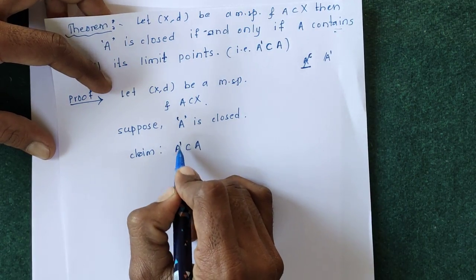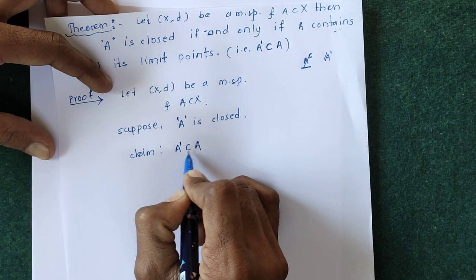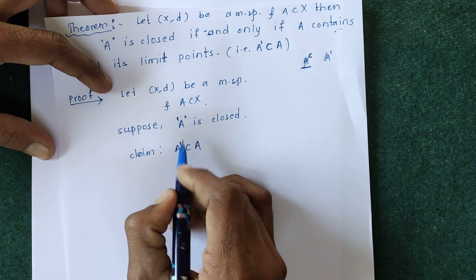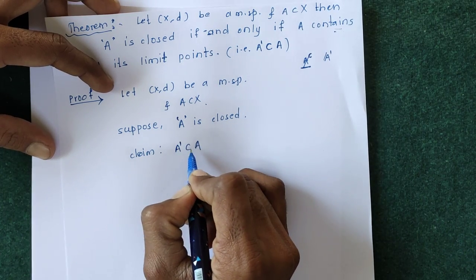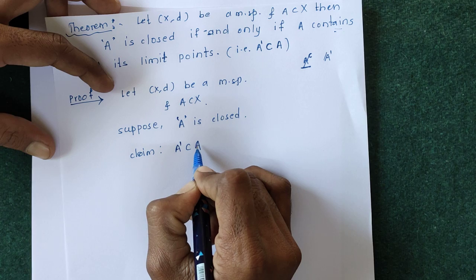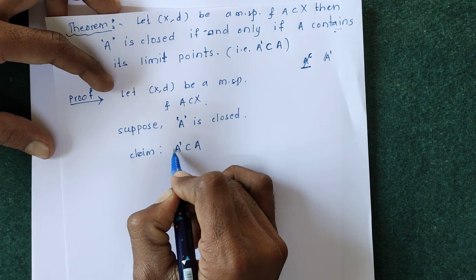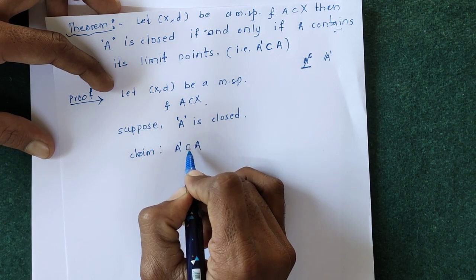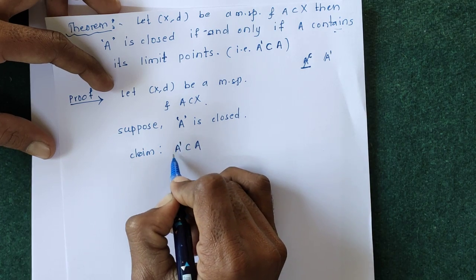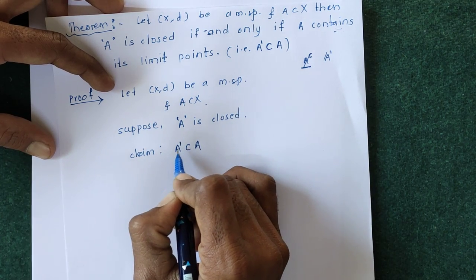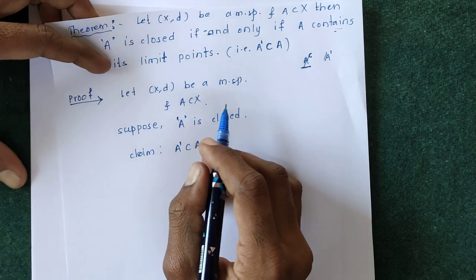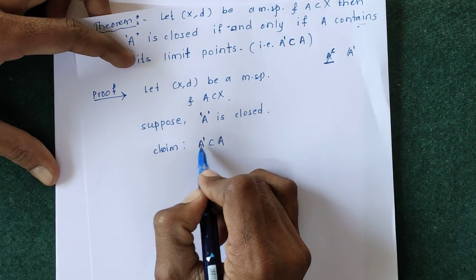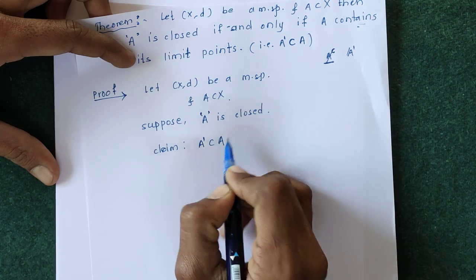To prove that the set of limit points of A lies inside A, we take just one element of the set of limit points of A and prove that x belongs to A. To prove any set is a subset of another set, we take one arbitrary element of the set and prove that the element is also in the other set. Because of that arbitrary element, we say that all the elements of this set are in the other set.